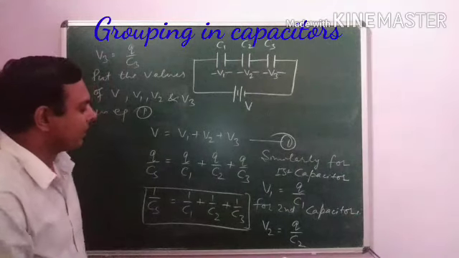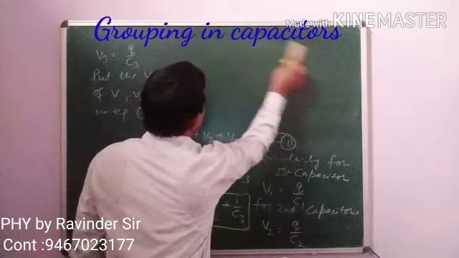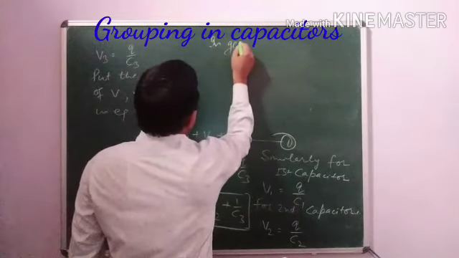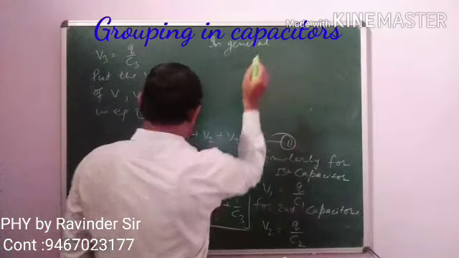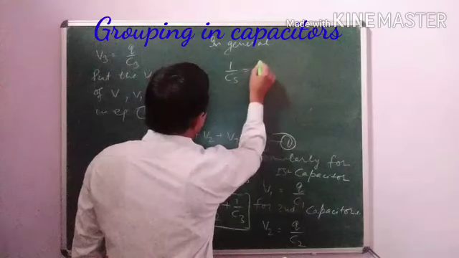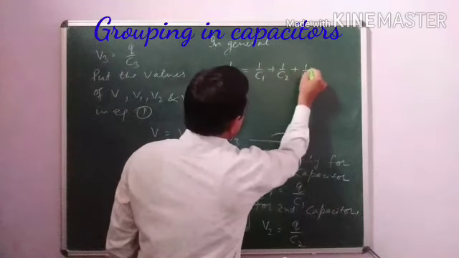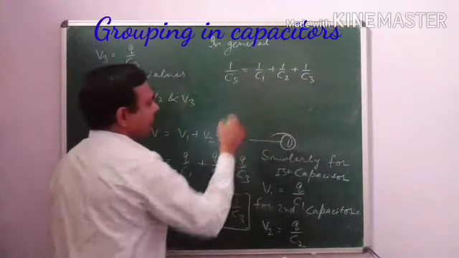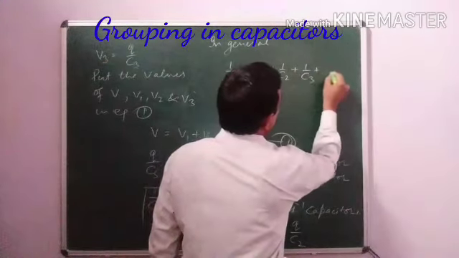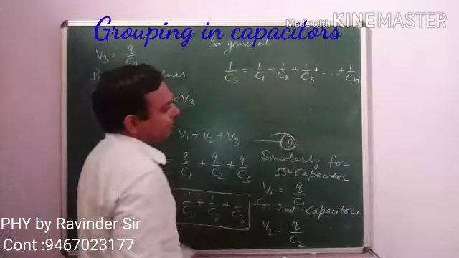If we have a number of capacitors, then in general we can write 1 upon Cs equals 1 upon C1 plus 1 upon C2 plus 1 upon C3 and so on, plus 1 upon Cn.